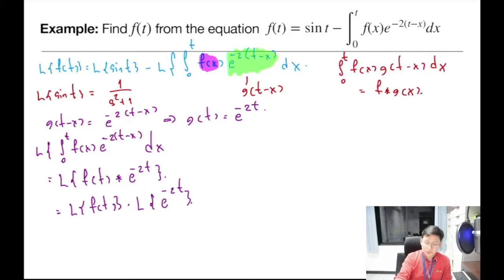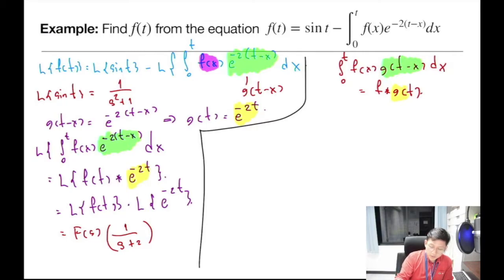Guys, if you remember, here this guy is g(t minus x), right? So we have g(t) here is e^(-2t). Sorry, here it is not a function of x, it's a function of t. So we have F(s) times the Laplace transform of e^(-2t), that is 1 over s minus (-2), which is s plus 2.